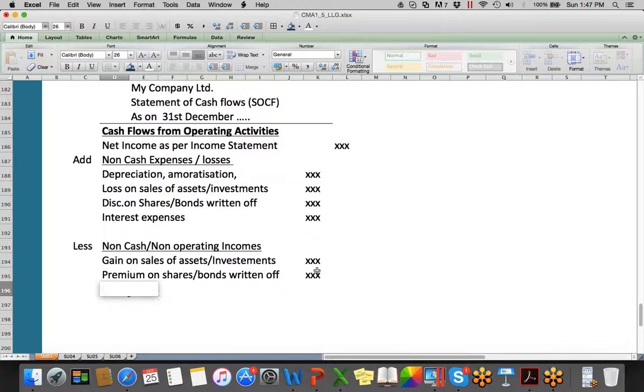Next, any interest income should be deducted. Interest income should be deducted. So these amounts are to be deducted. Okay, I will write in brackets, means it's a minus item.